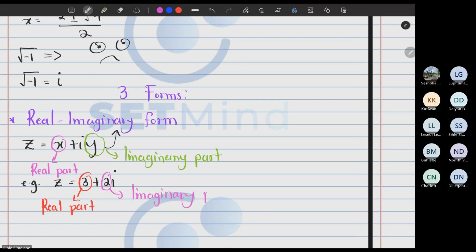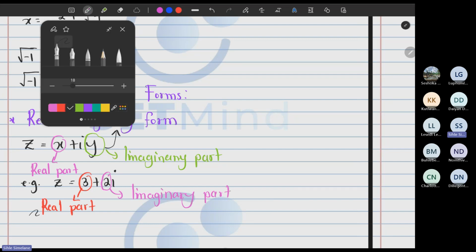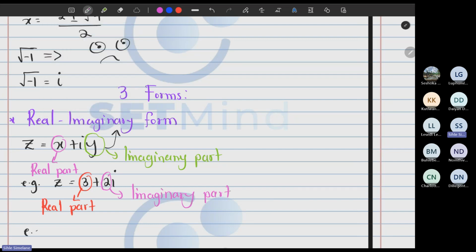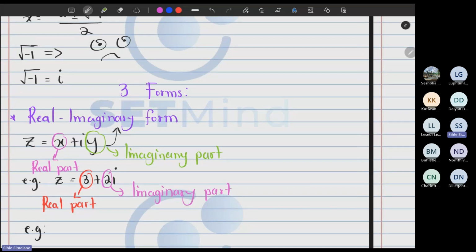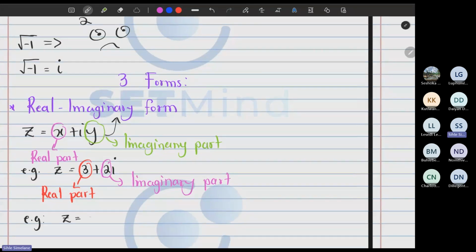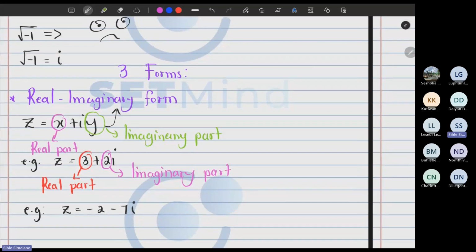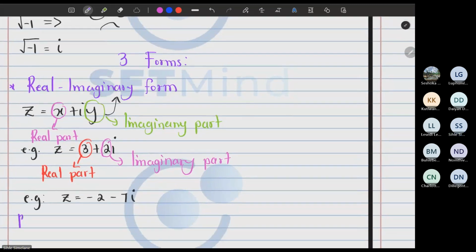So we are still on real imaginary form. Let's take the last example: if they give me z is -2 minus 7i. What is the real part here? What is the imaginary part? Anyone? I'll say the real part of z, that's how we write it.